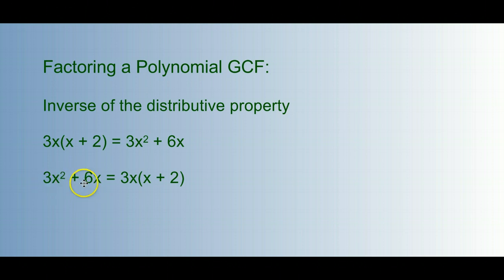In this case, 3x is the largest thing that goes into both terms. So I divide out a 3x and I'm left with x plus 2. This is exactly the same as we said on the first screen, where we said we could rewrite 12 as 3 times 4. We're just rewriting 3x squared plus 6x as 3x times x plus 2.